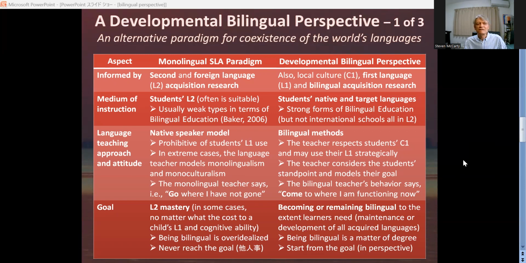And regarding language teaching approaches and the attitude, the so-called native speaker model may be prohibitive of students' L1 use. And in extreme cases, the language teacher models monolingualism and monoculturalism. Whereas in bilingual methods, the teacher respects the students' native culture, and may use their native language strategically.